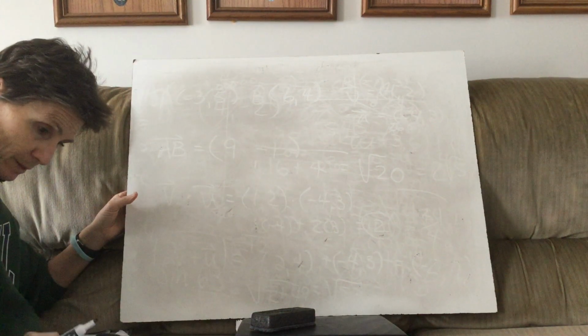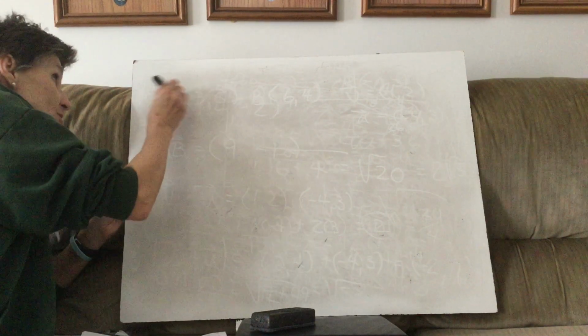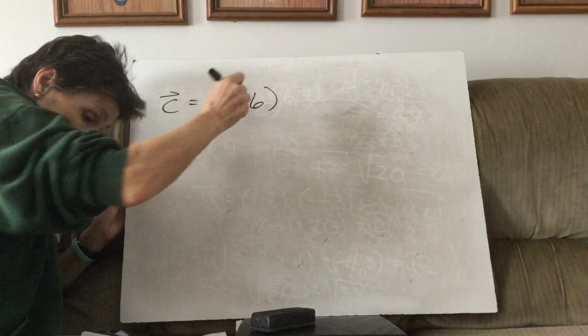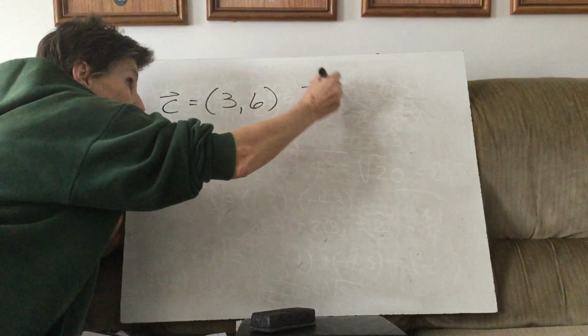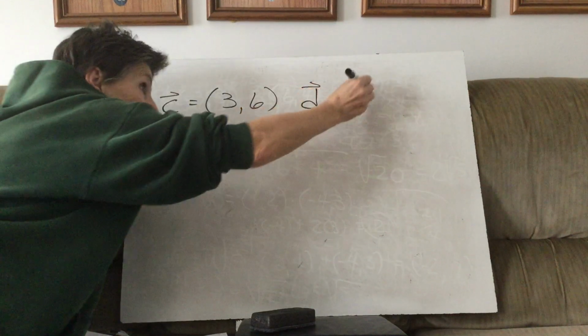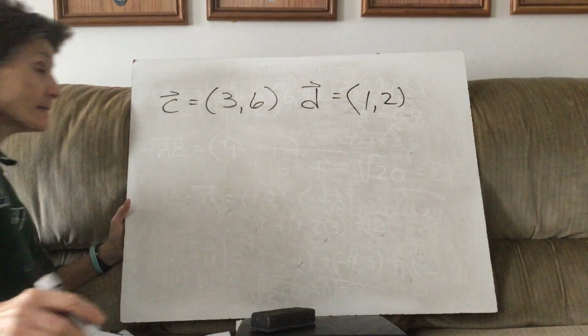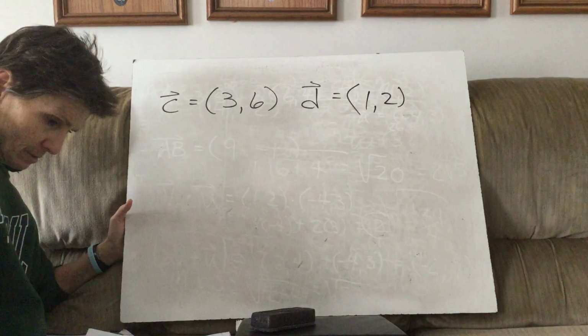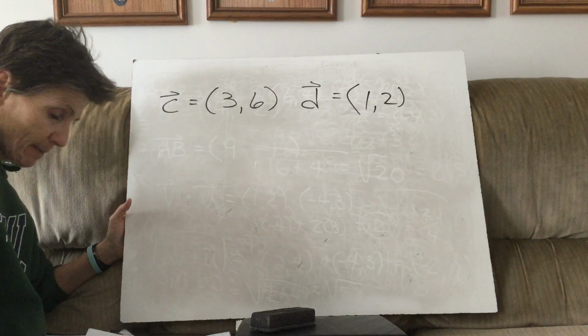Okay. Ooh, now we haven't done any of these yet in this packet. Here are 2 vectors. And we are going to find the angle between them.